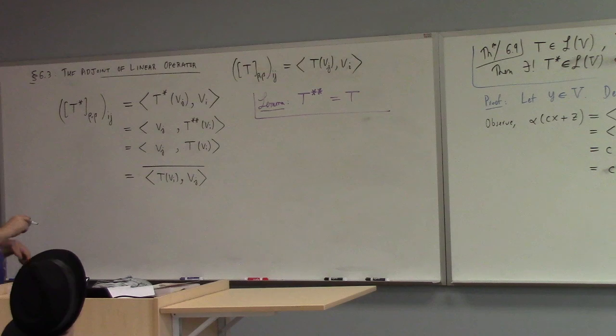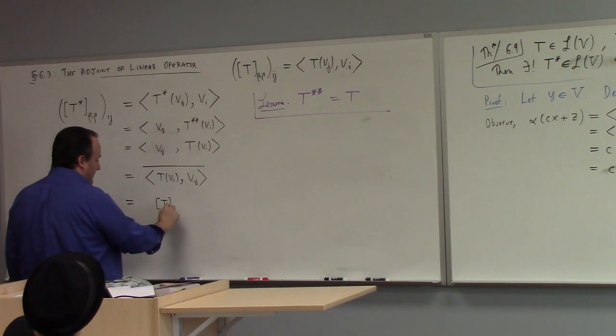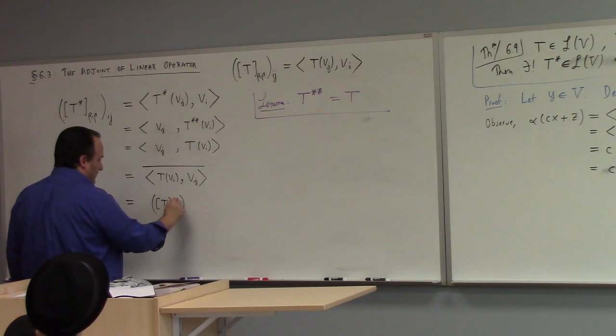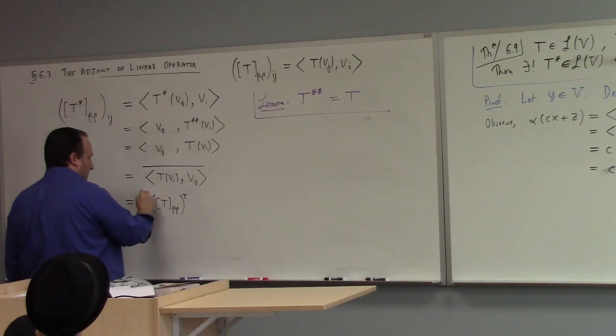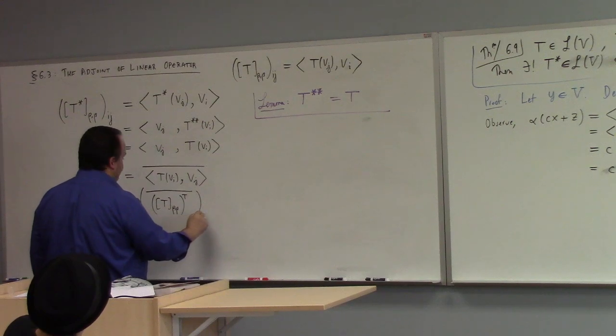So what is this? This is the matrix of T with respect to the beta basis, transposed, complex conjugated, the ijth component of that.